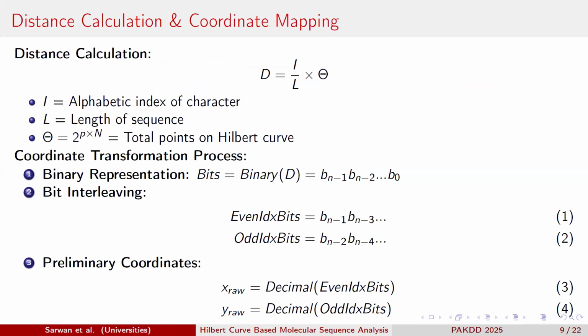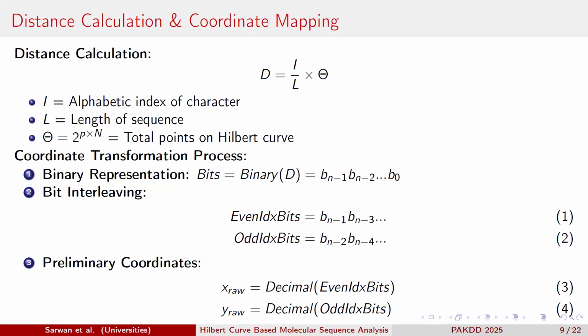Now let's look at how we transform indices to coordinates. So we calculate the distance d using L over I over L times theta. This normalizes the position based on the sequence length and maps it to our Hilbert curve space. The coordinate transformation involves several steps. First, we convert the distance to binary representation.